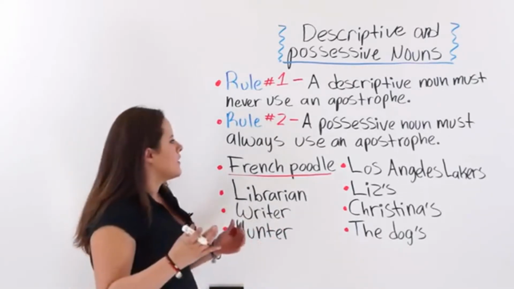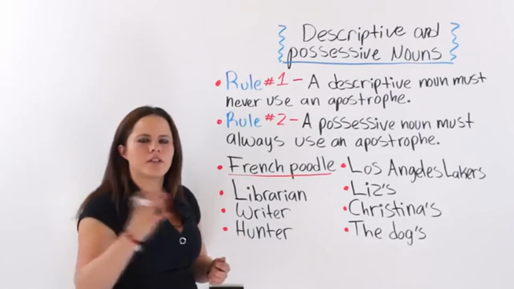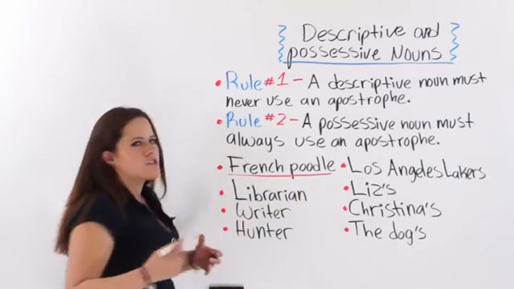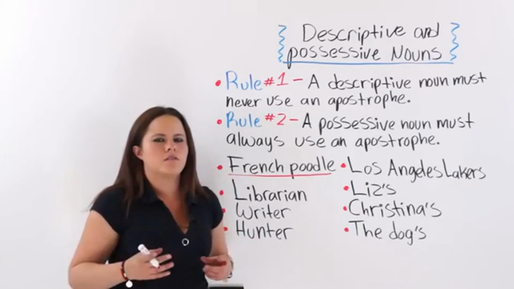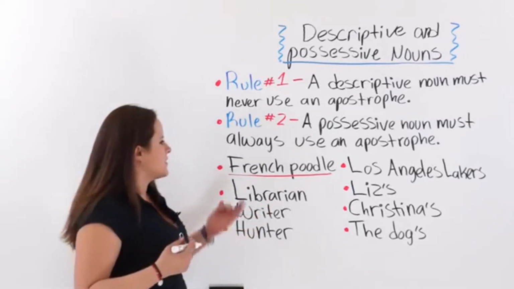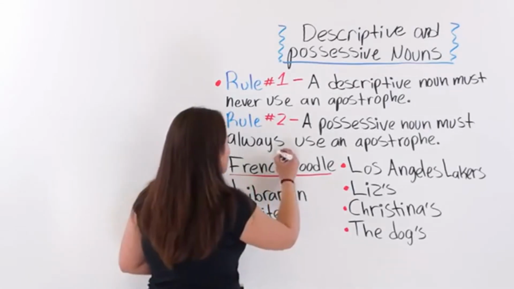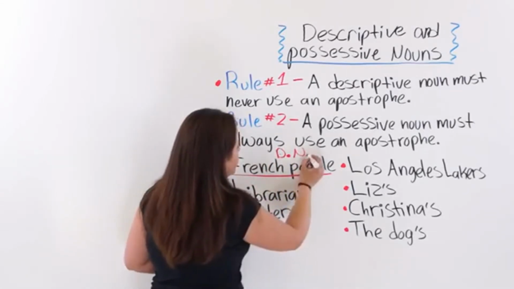We want a noun that will tell you more about the personality of the noun. So, French poodle describes or tells you that a dog is small, fluffy, gives you more information. So this is a descriptive noun.